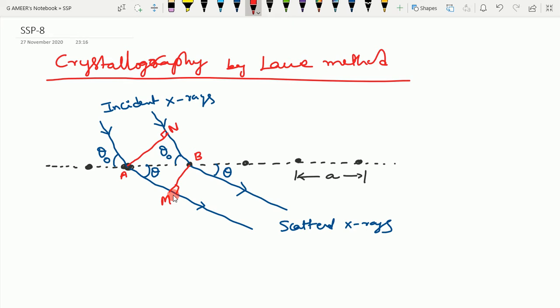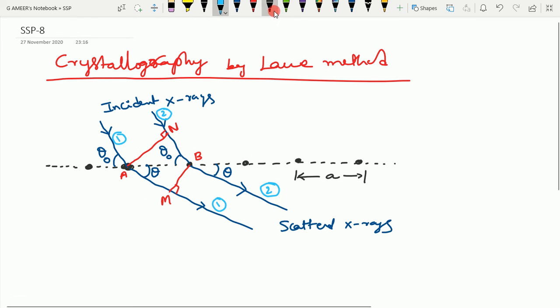Now I need to calculate the path difference between these rays. This is the first incident ray, then this is the first scattered ray, this is the second incident ray, and this is the second scattered ray. That is very important, so we need to estimate the path difference.